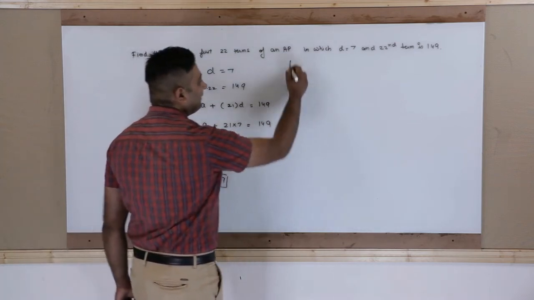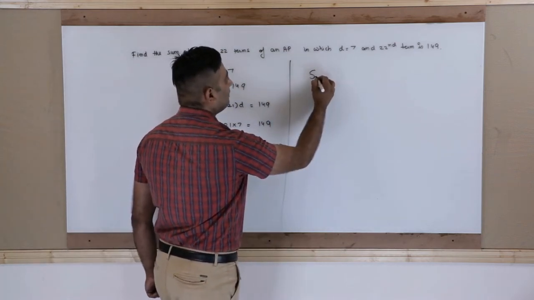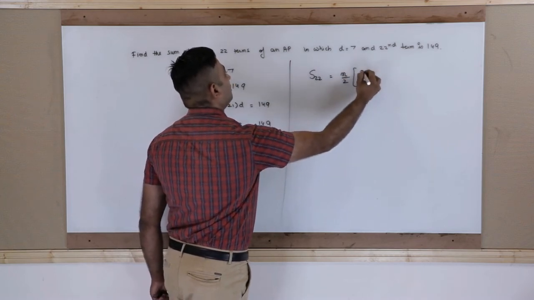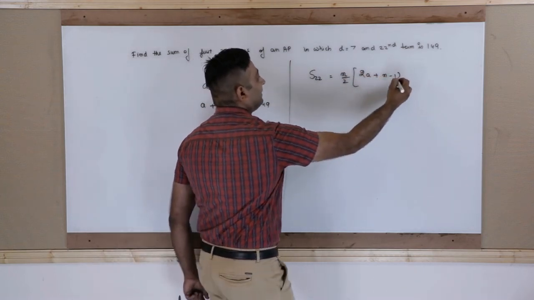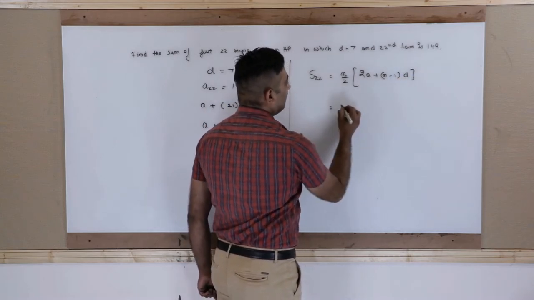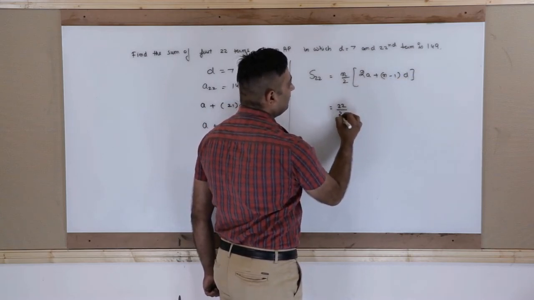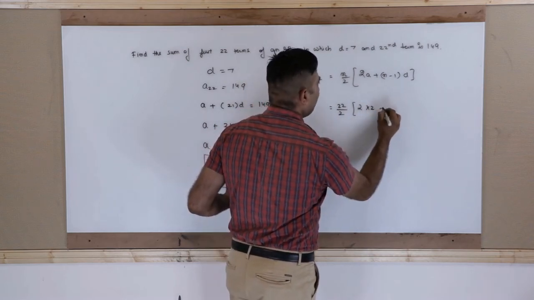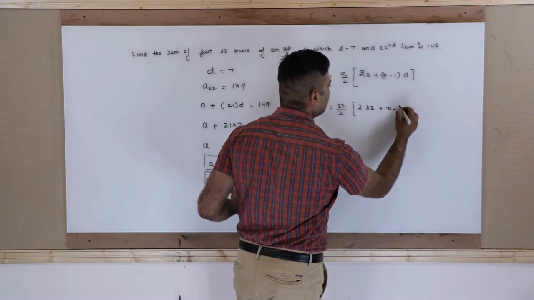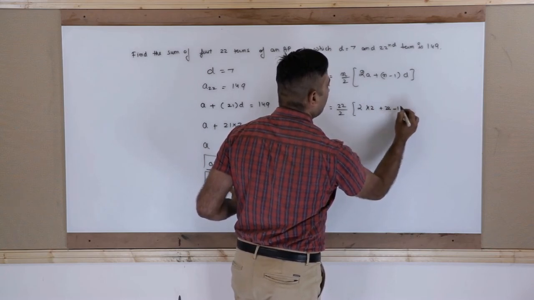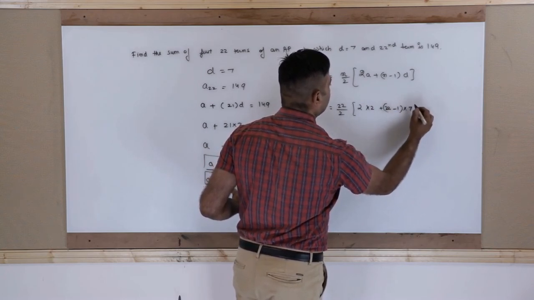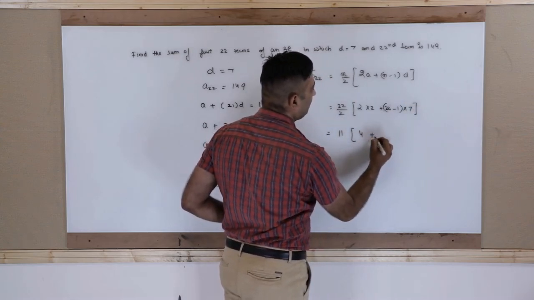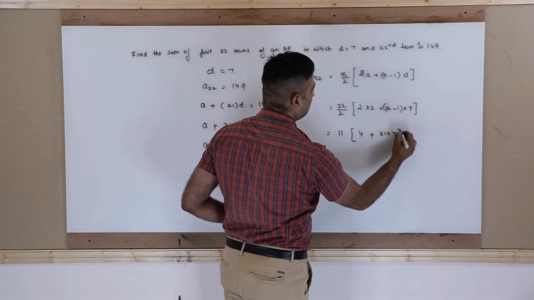Now we can find the sum of 22 terms of this AP, which is given by N by 2 times (2A plus (N minus 1) into D). Now the value of N is 22 here, the value of A is 2 and the value of D is 7. That means 11 into (4 plus 21 into 7).